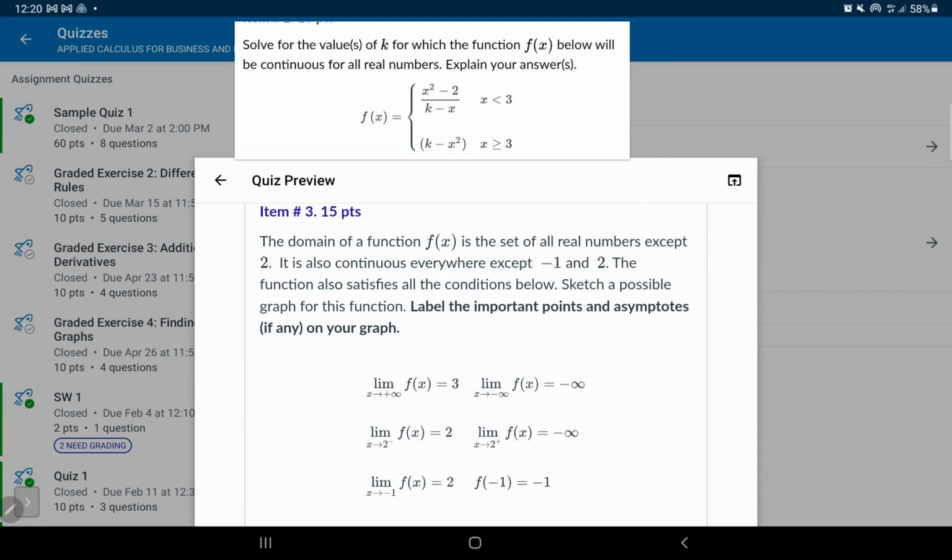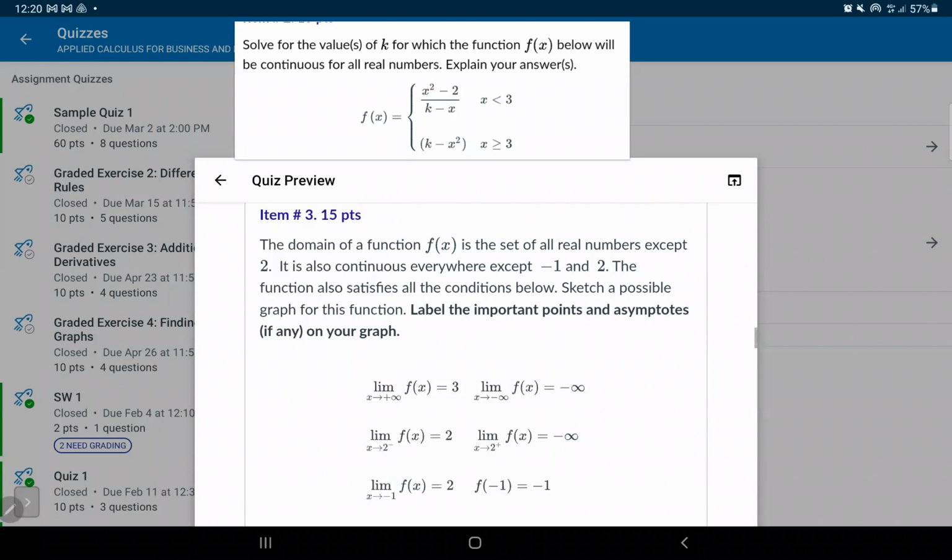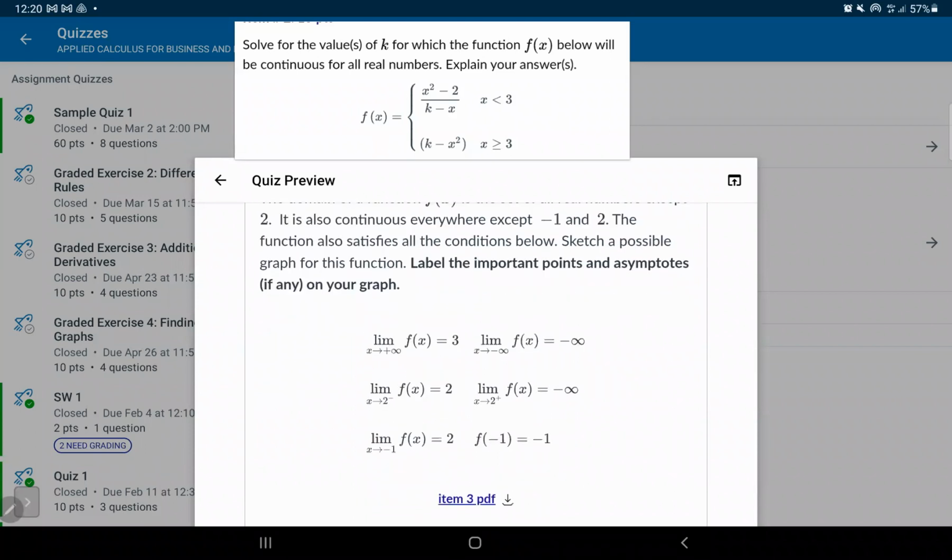You just have to draw the graph so that those limits at the particular values of x are satisfied. So let me look at that again. Just the conditions.